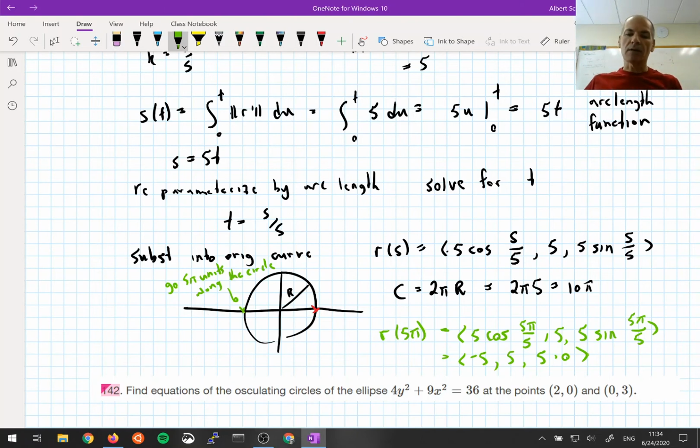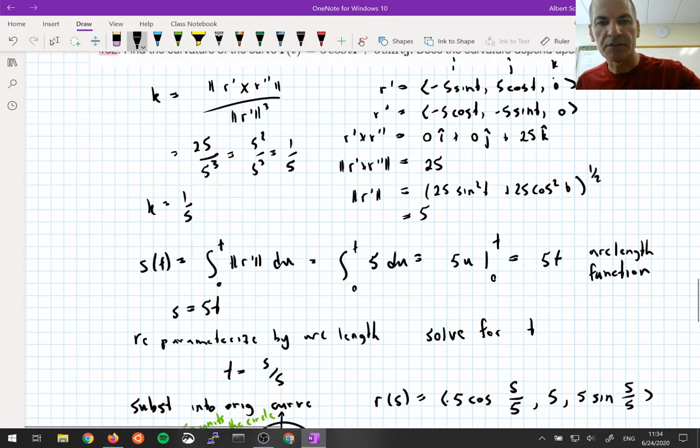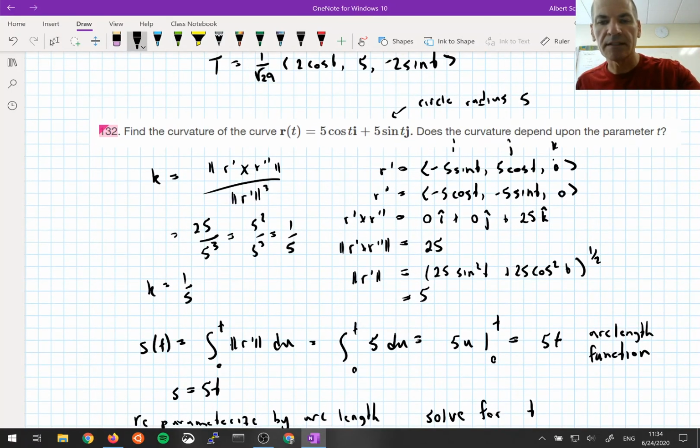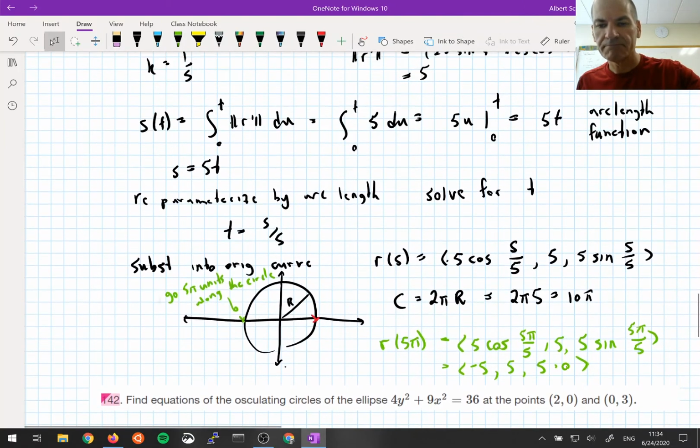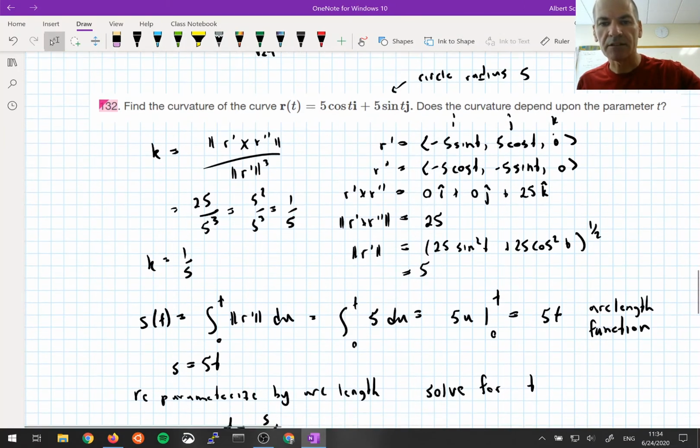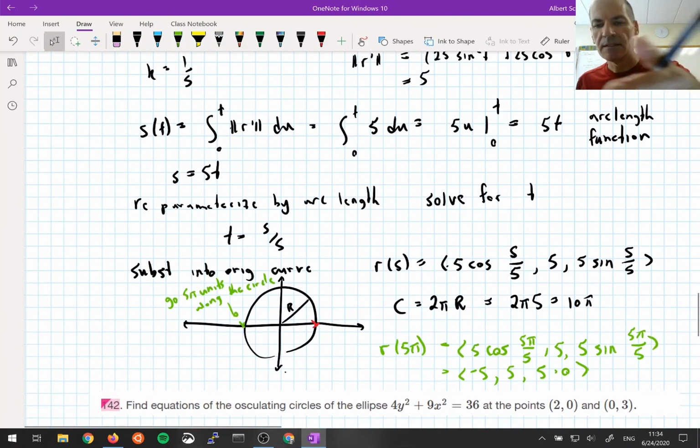So where are we? I should be really careful here to note where the circle lives. It lives in the ij plane. Oh, and actually I made a little typo here.